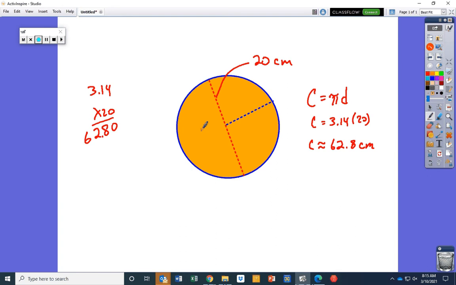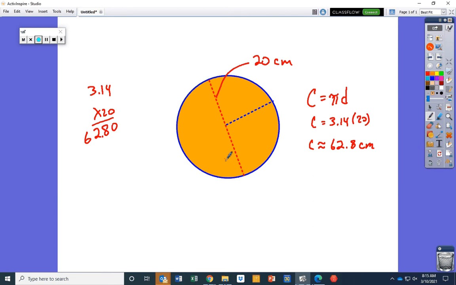If you're given a picture of a circle, it'll show you that it's just halfway across, which is a radius. But if it's all the way across, it's a diameter. If you have a diameter, you use this one. And if you have a radius, you use the other one, the radius formula: circumference equals pi 2r.